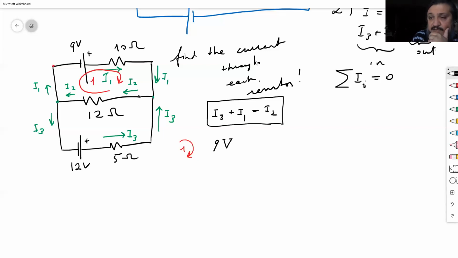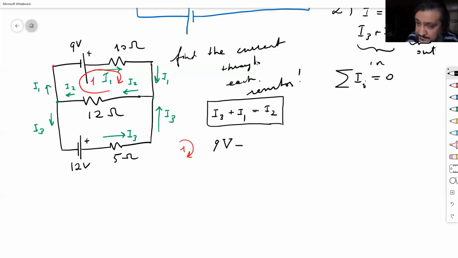But when I go through the 10 ohm resistor, the potential will drop because I'm traveling in the same direction as the current. Remember, the direction of current is from high potential to lower potential.